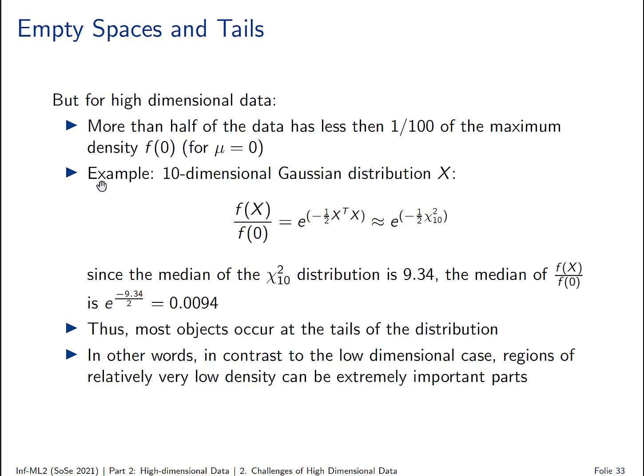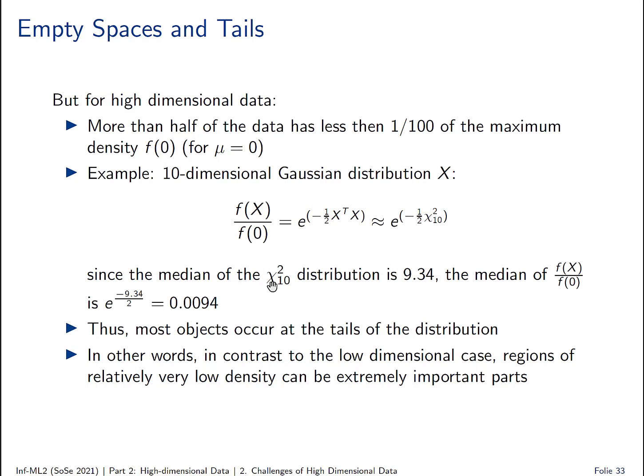Yeah. So for example, in a 10-dimensional Gaussian distribution x, if we take the ratio between the density of some observation from x and the density around 0, it will be e to the power of minus something, and that something depends on the chi-squared distribution.